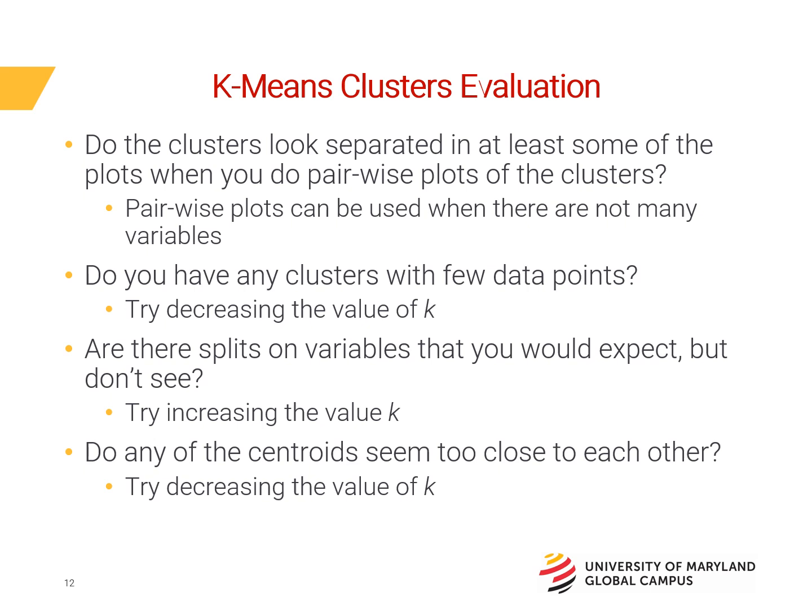And if you have domain knowledge and there's some expectation of splits on some variables, and you don't see that, then it makes sense to increase the value of k. And if the centroids are close to each other, then the distances between clusters are too small and consider decreasing the value of k.